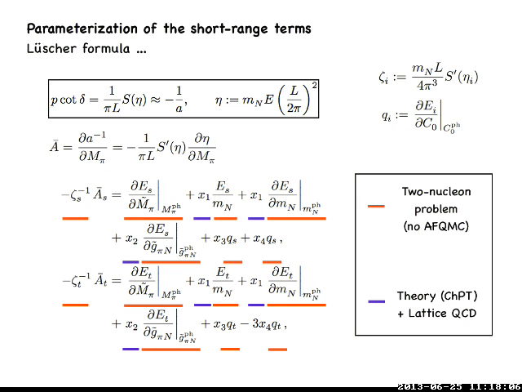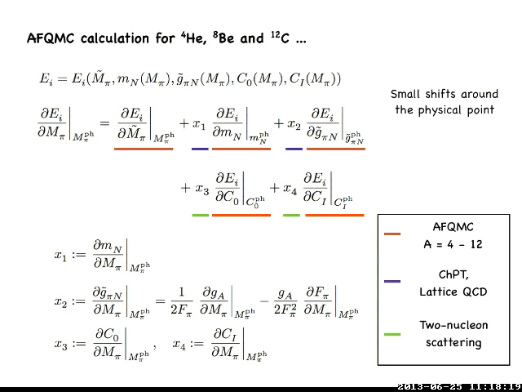We can then use that to constrain these things that I call x3 and x4, these two unknowns in the formalism.